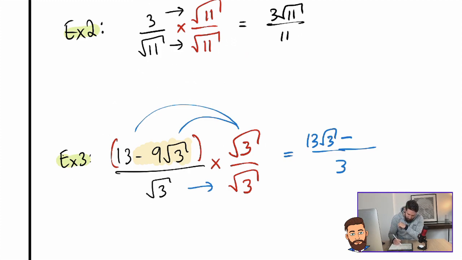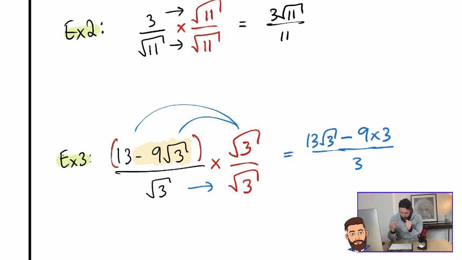And we're going to do 9 root 3 times root 3. Well, what do we know? We know that root 3 times root 3 is simply 3. So what do we actually have? We've got 9 times 3, because the surd cancels due to the fact we've times it by the same surd.